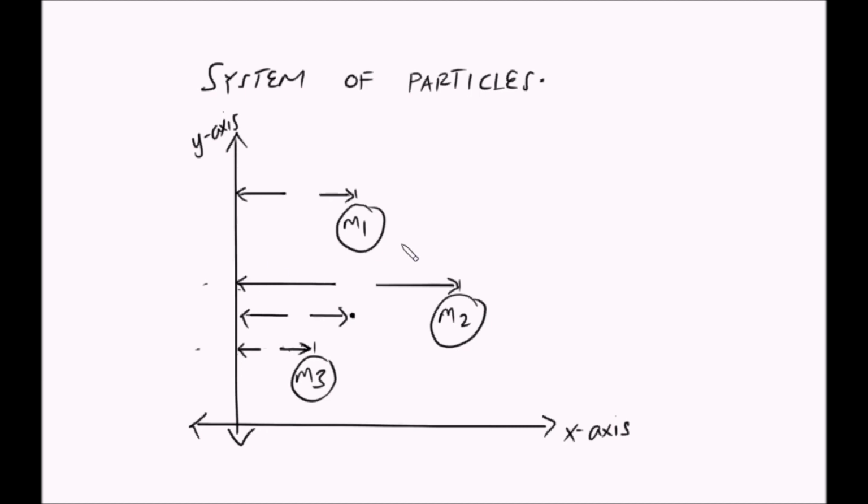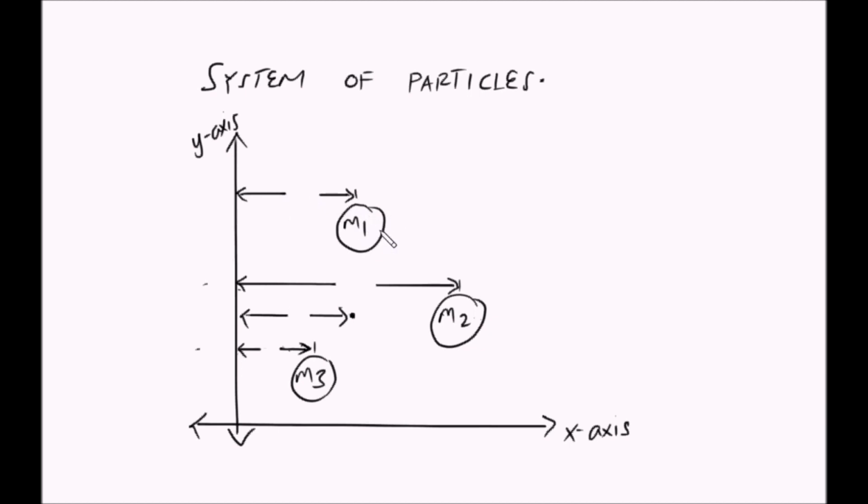So, we have this particle here with mass m1. And then we have this particle here with mass m2. And then we have this particle here with mass m3.